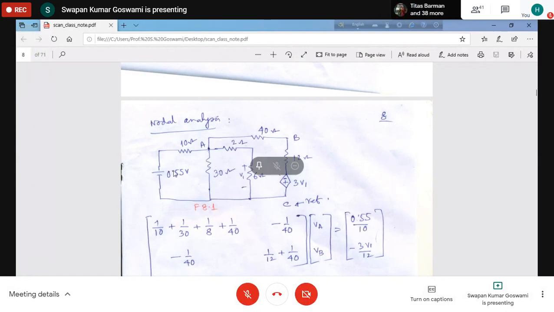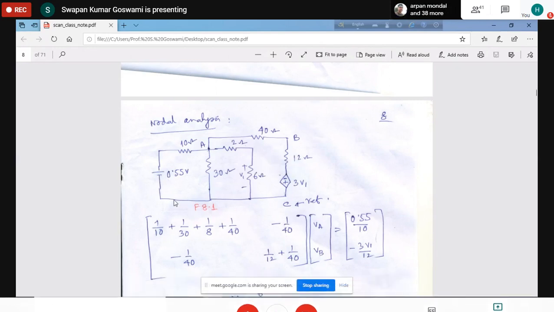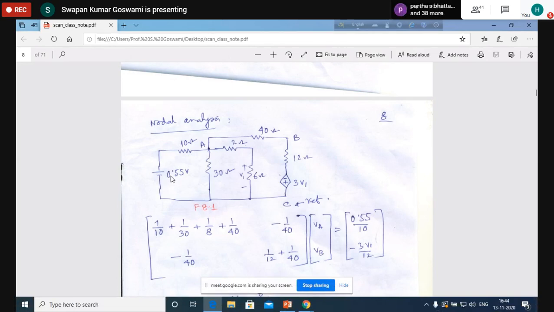For node A, how much is the injected current? This is the 0.5 volt voltage source. So because of this source, what will be the injected current? If we convert it into a current source, 0.5 by 10 is the current, so that is the injected current here. Similarly, for node B, what is the injected current?